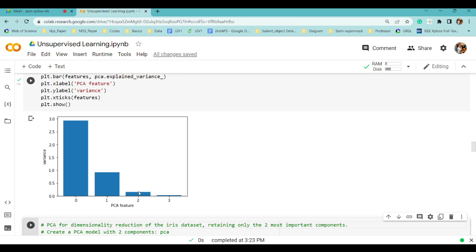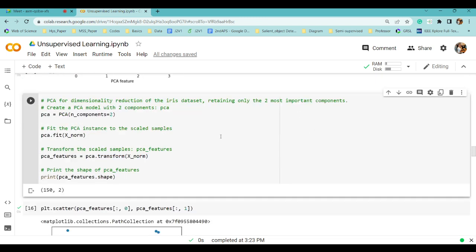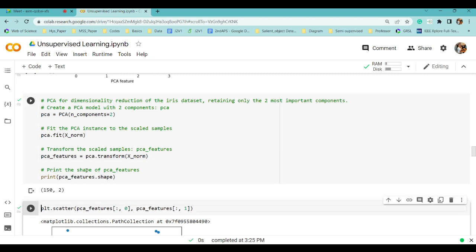If you feel it's not consuming much of your memory, you can take 0, 1 and 2 itself. Anything is fine. For this example, I have taken 2 PC components. So now my model data is 150 and 2. 150 is the number of information being provided, and 2 is the features which I'm taking.